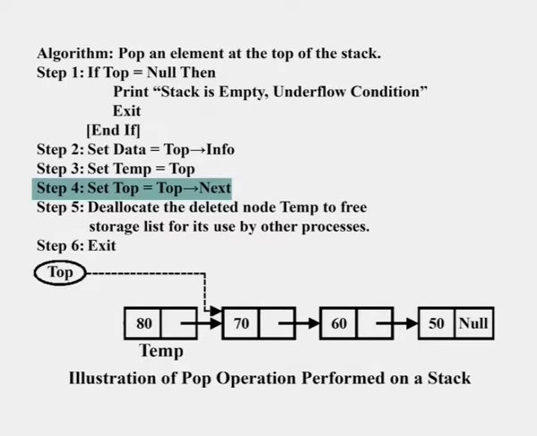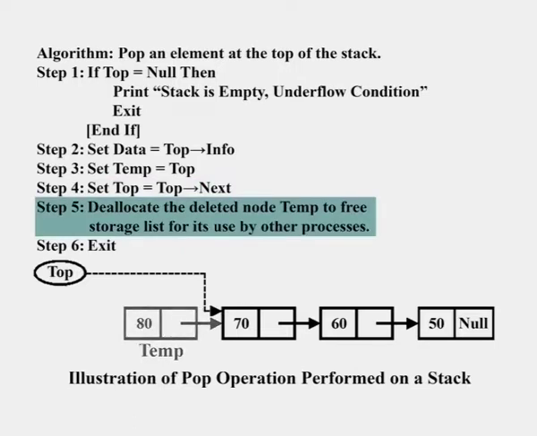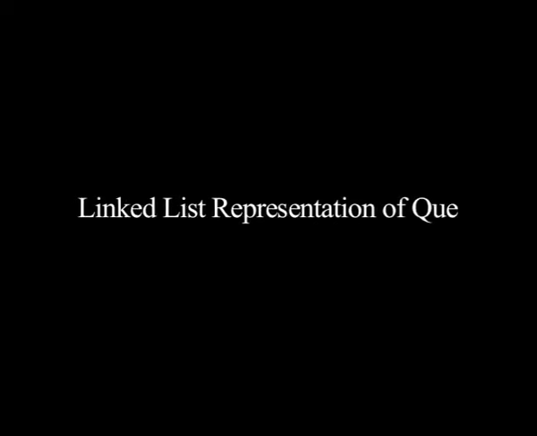Here the stack pointer variable top will point to node 70 as shown here. In step 6, the node 80 whose address is in variable temp is deallocated and the memory held by this node is freed.